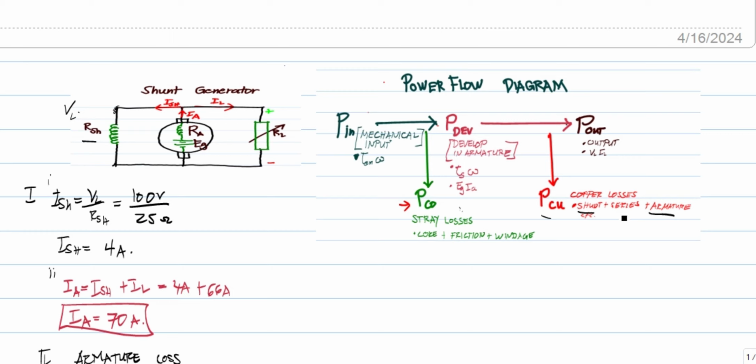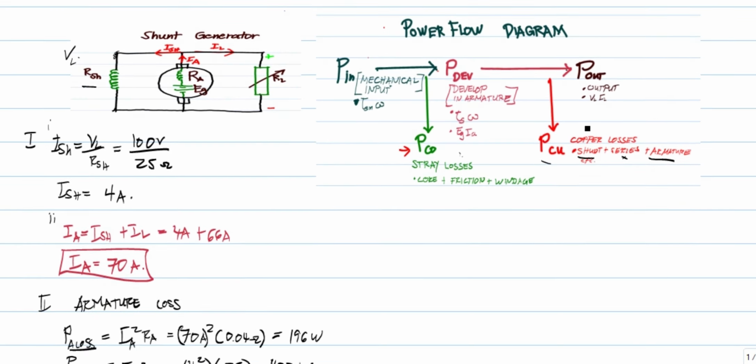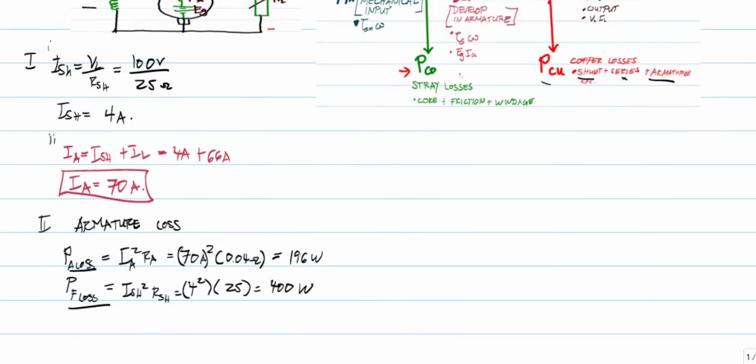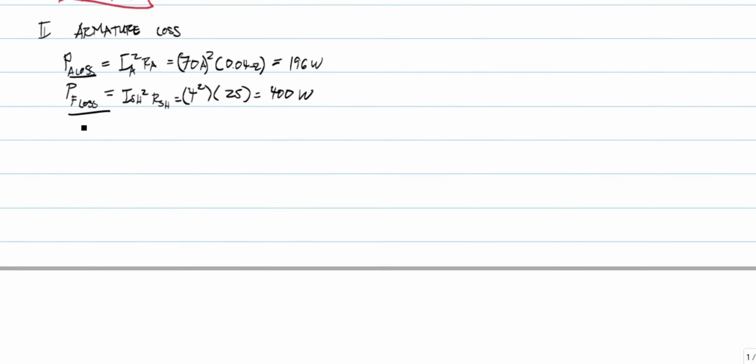This is not a series generator, so there is no series power loss. Therefore, the total copper loss PCU is the armature loss of 196 plus the shunt field loss of 400 watts, so the total copper loss is 596 watts.